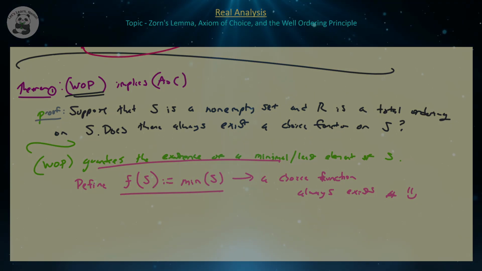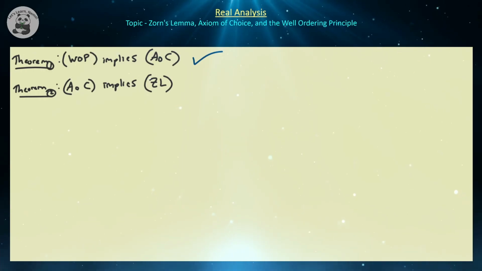Now let's move on to the second. Now that we have that the well-ordering principle implies the axiom of choice, let us see if we can get the axiom of choice to imply Zorn's lemma, and then the only thing that would be remaining is to show that Zorn's lemma implies the well-ordering principle, and then we have that all three of these statements are equivalent to each other. So axiom of choice implies Zorn's lemma, right?